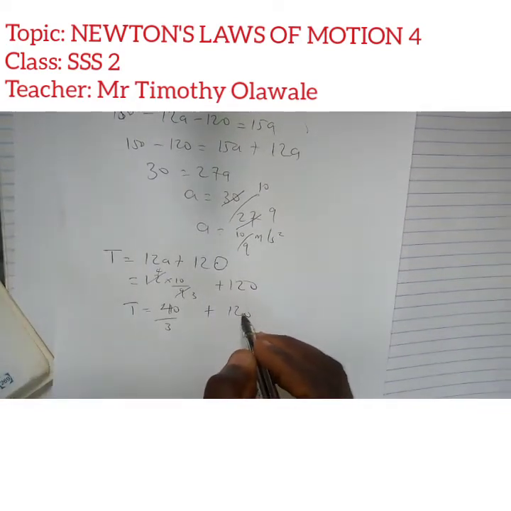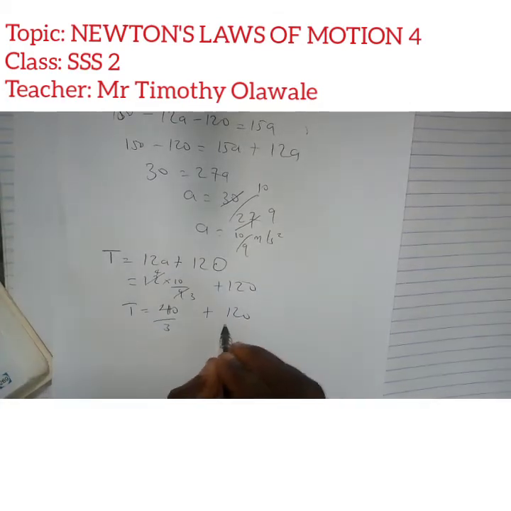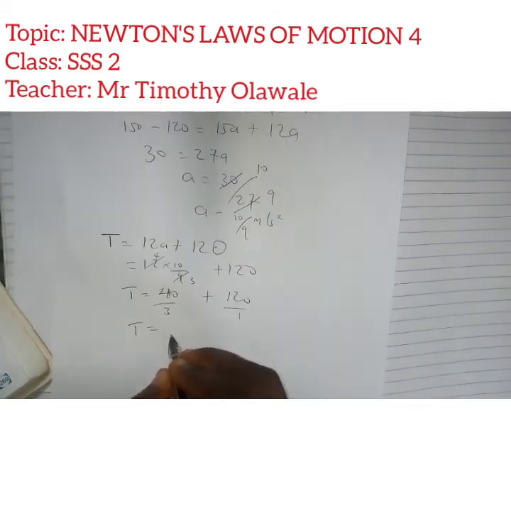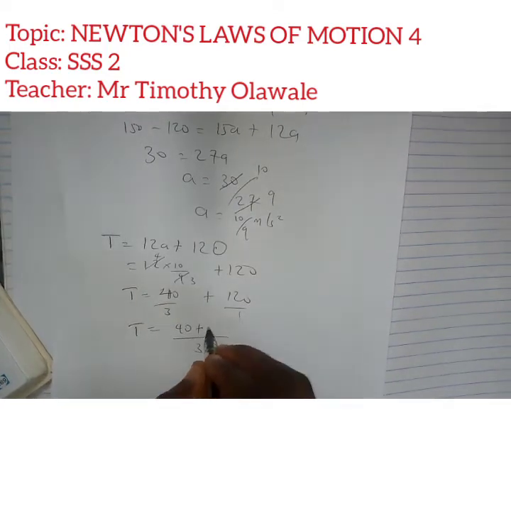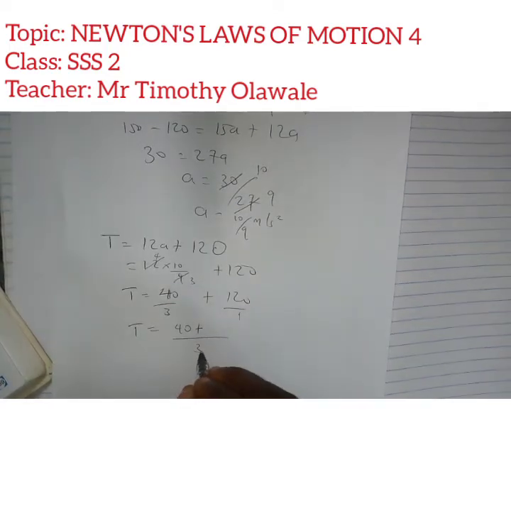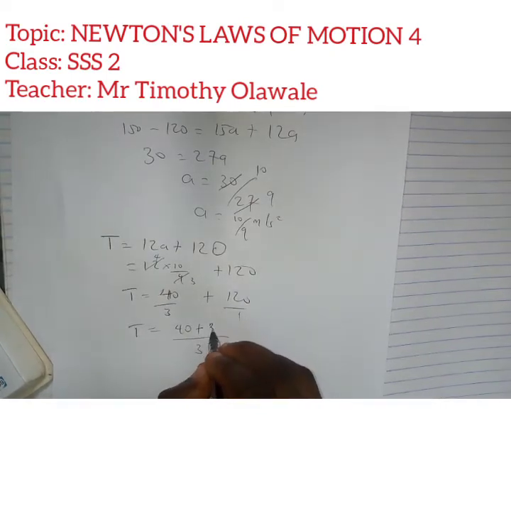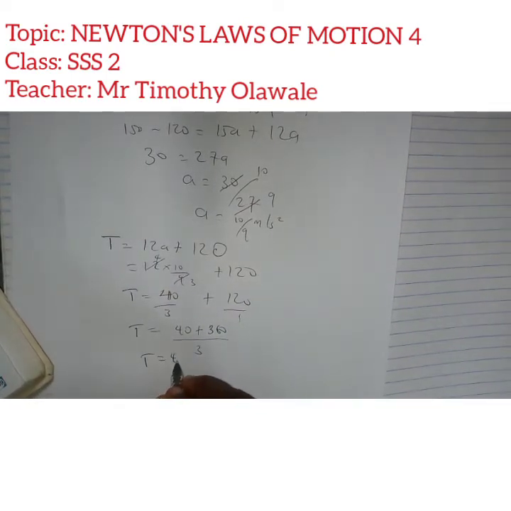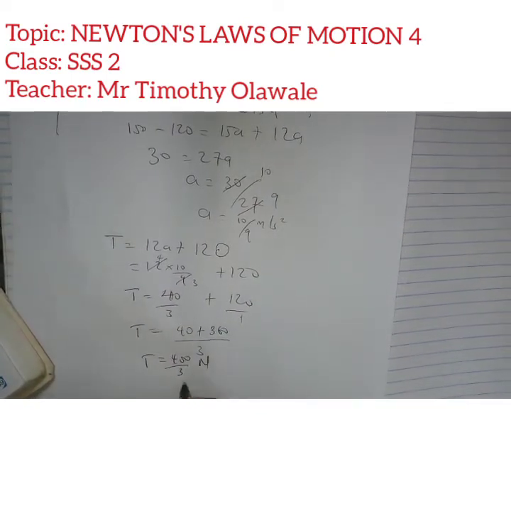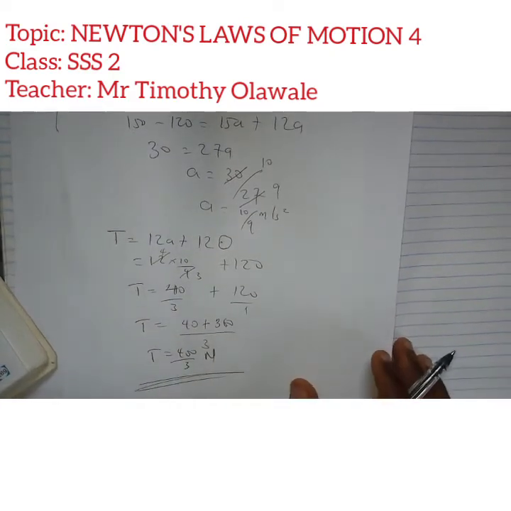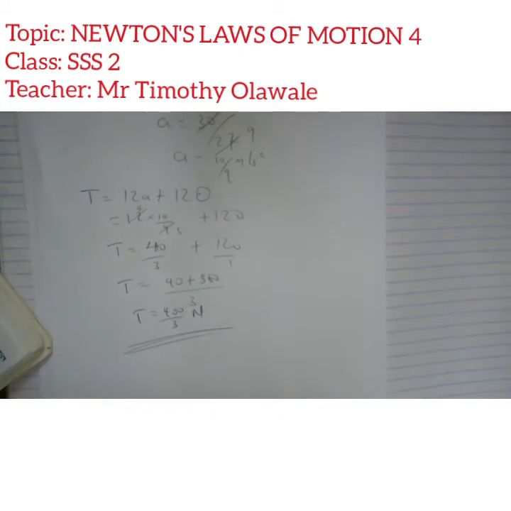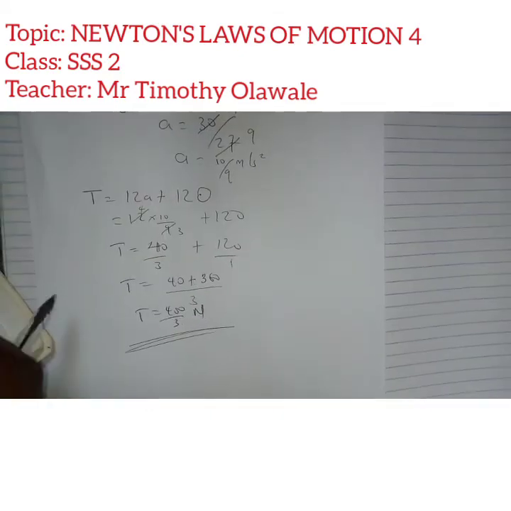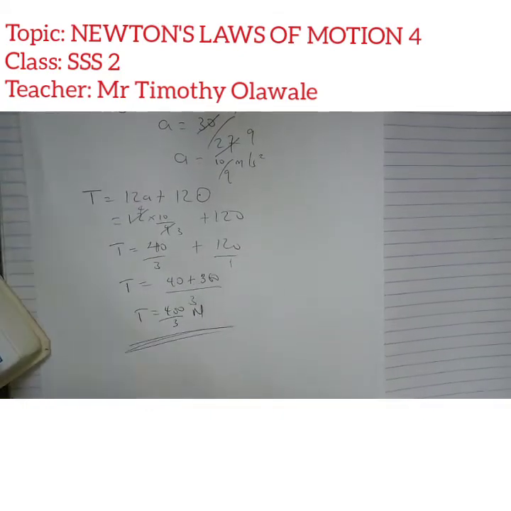Using the LCM, 40 plus 3 times 120, which is 360. So T is 400 over 3 Newton. Is that clear? So we have gotten the tension in the string.